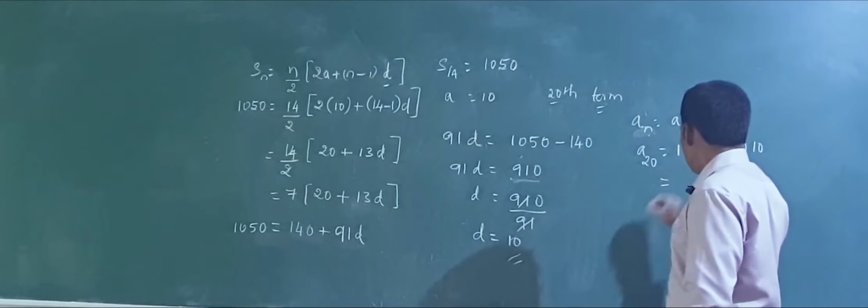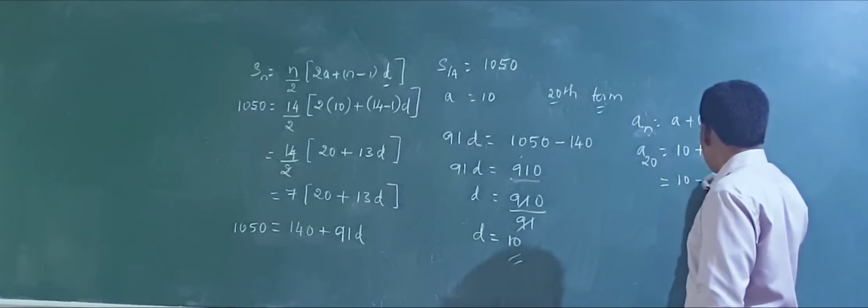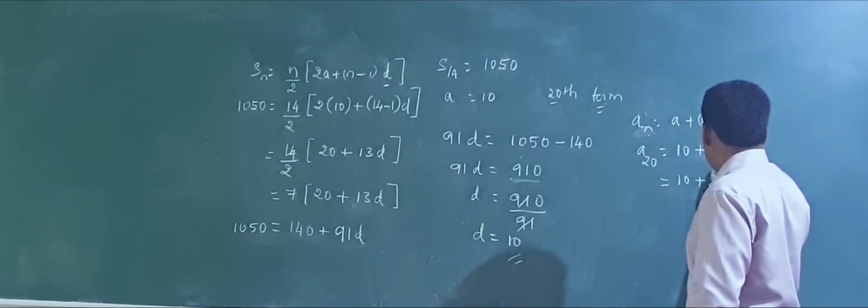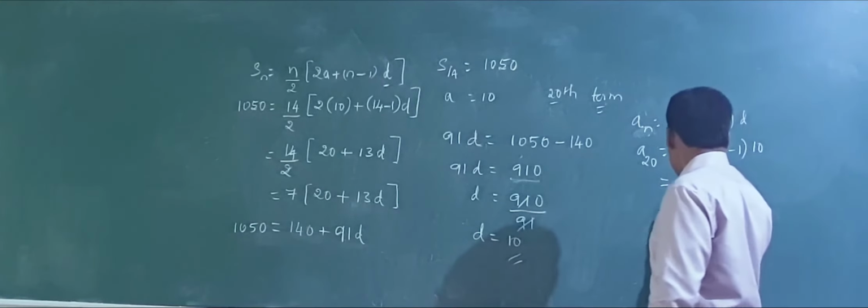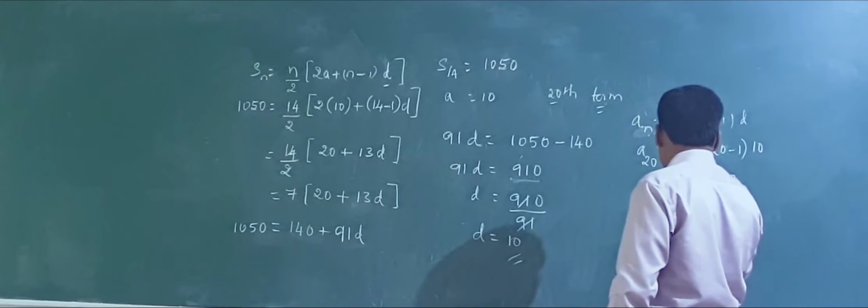So it will be 10 plus 19 into 10, that is 190 plus 10, which is 200.